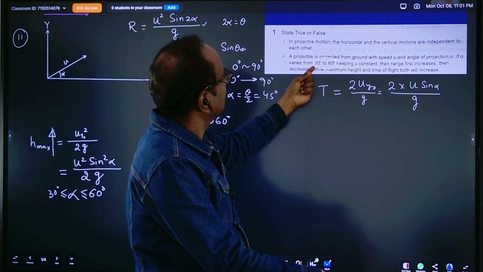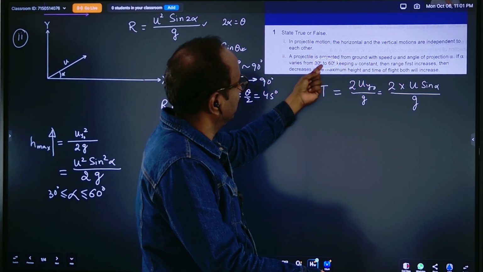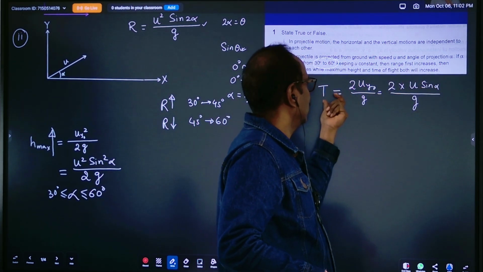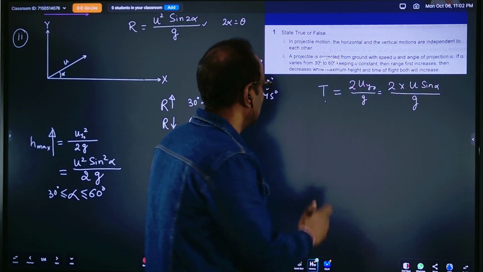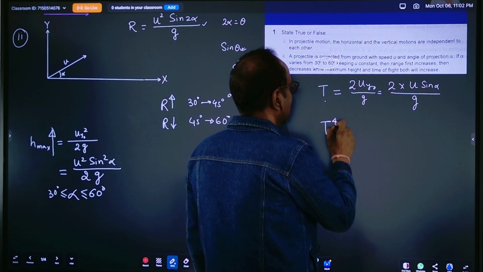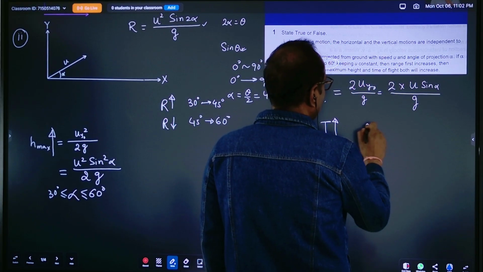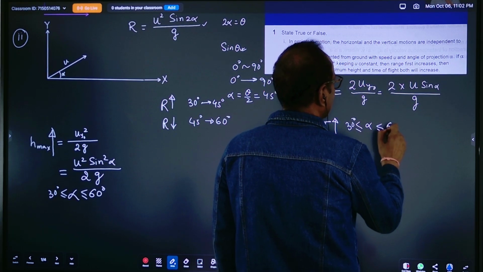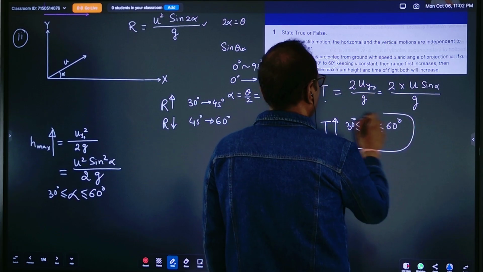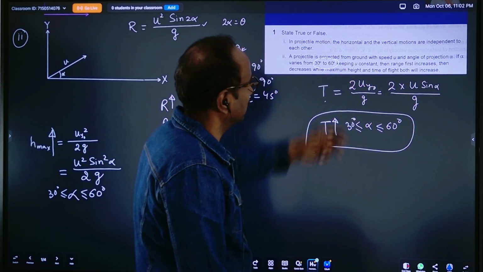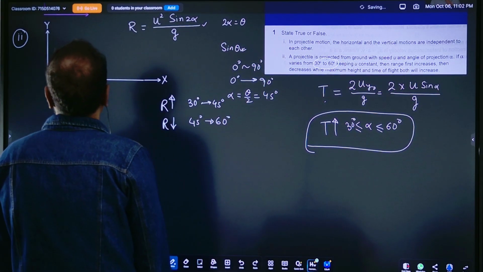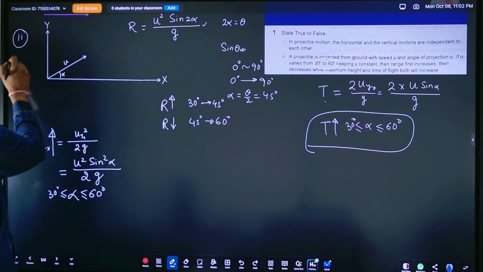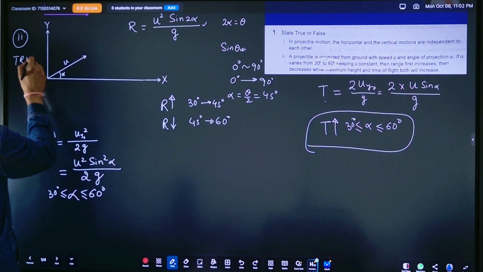So between 30 to 60 degree, when the angle is increasing, sine alpha will increase. So your time of flight will also increase when the angle is in between these two angles. So the third statement also is true. So for part 2 we can write all the statements are true.